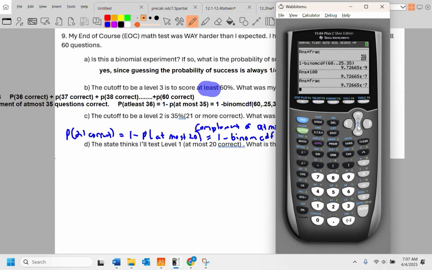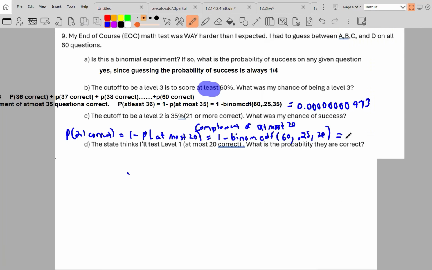So I'm just going to highlight old work up here. Change that 35 into a 20. Not impossible. Almost 5%, 0.0541, or a 5.41% chance.